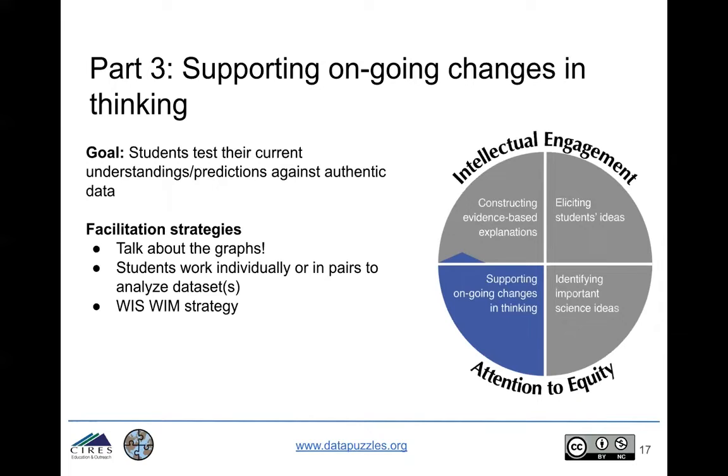One strategy that Melissa likes to talk about is having students identify a particular point and describe that point. So sometimes, rather than just describing the X and Y axis and looking at the labels and the intervals, just challenging students to look at a particular point and see if they can explain what's going on.